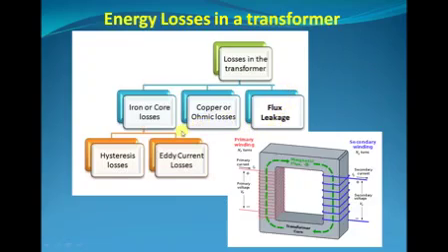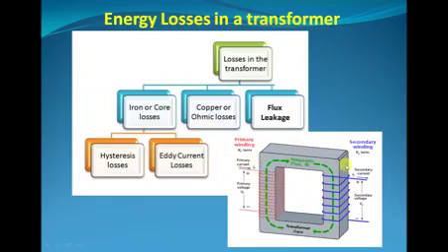First we are going to see core loss or iron loss. These losses take place in the transformer core. Mainly we first look at hysteresis loss. Hysteresis loss means that when we apply some amount of alternating voltage, the transformer core gets magnetized and demagnetized again and again.